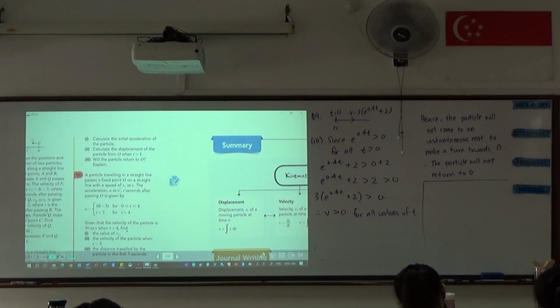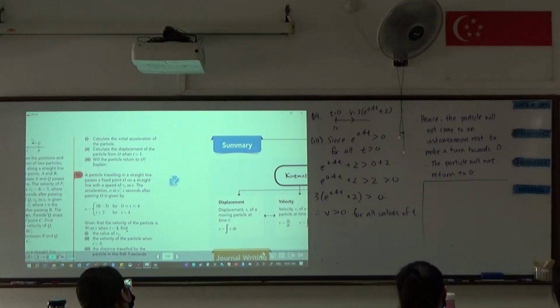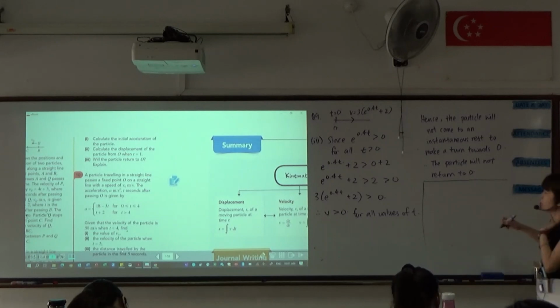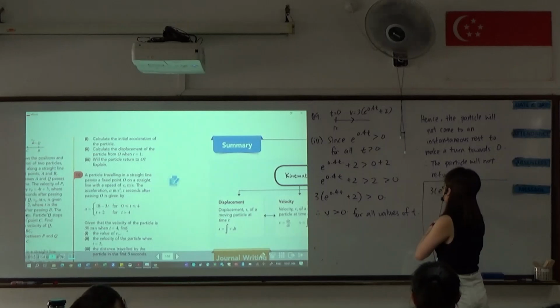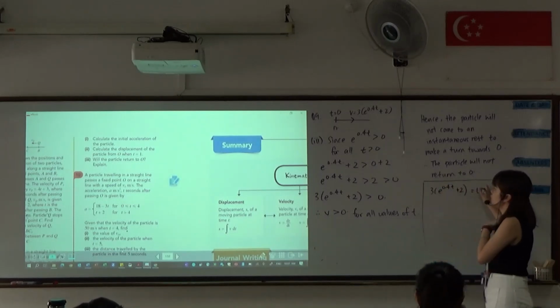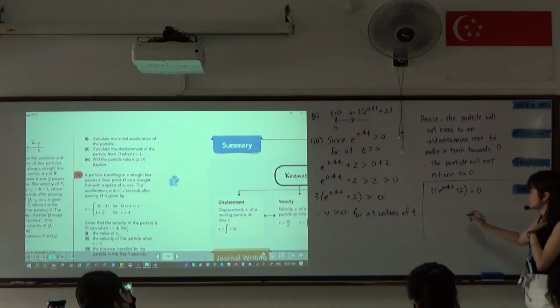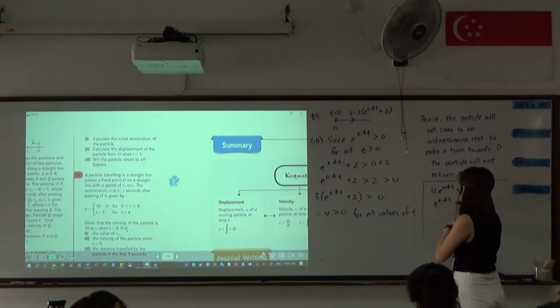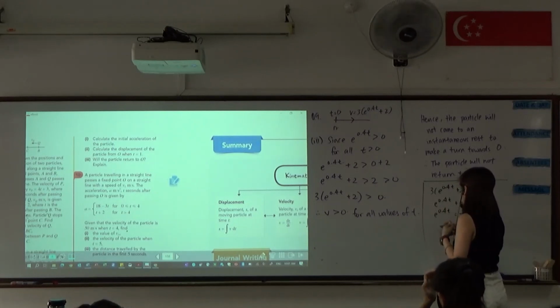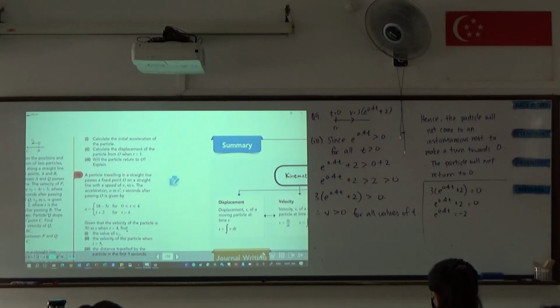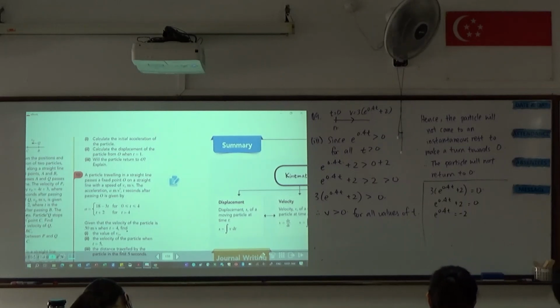That is one way you can go about explaining it. Just as I was running through it with you, I also thought you could try to equate your v equals 0 and find the exponential 0.4t equals negative 2, which is not possible because we must be aware that the exponential will always be more than 0.